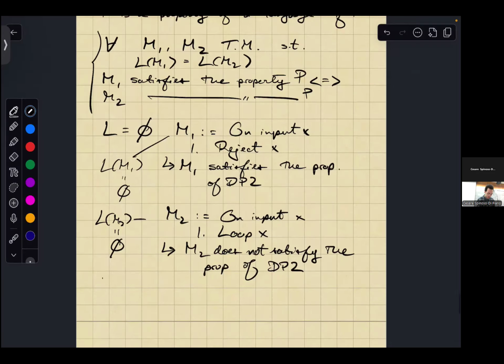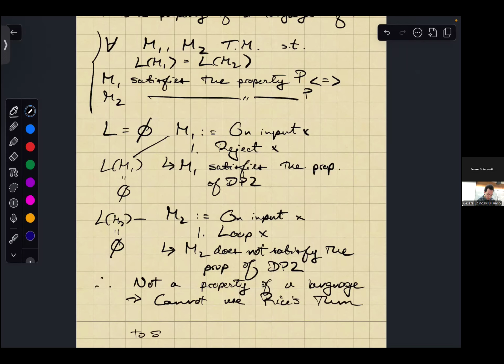And therefore, this is not a property of a language, so I cannot use Rice's theorem to show that it's undecidable. Even though in this case the decision problem is in fact undecidable, you would have to give a reduction, which I won't do for time and sanity.